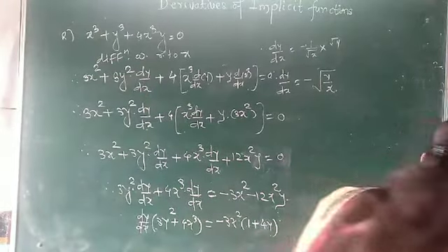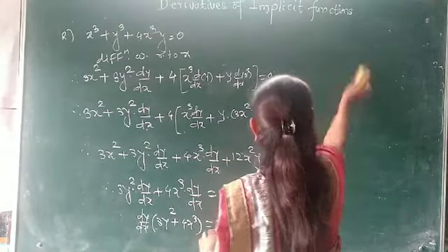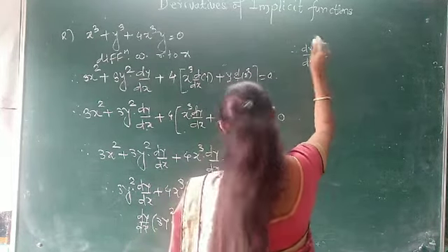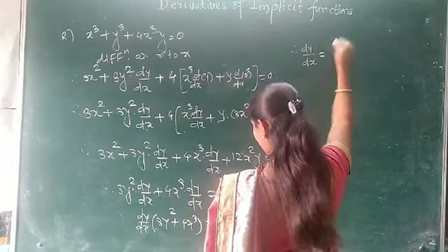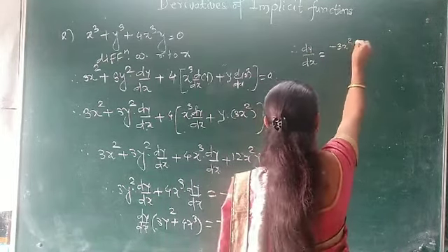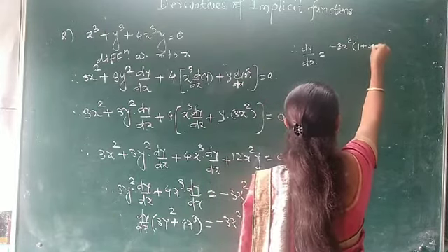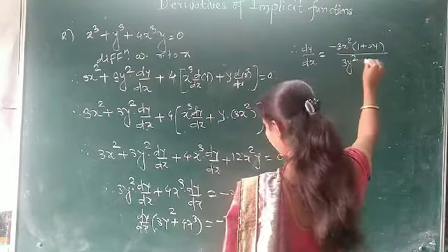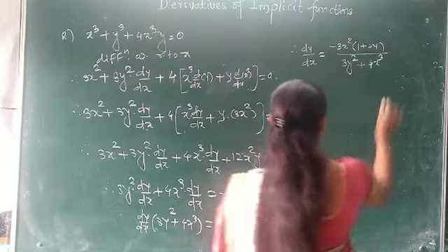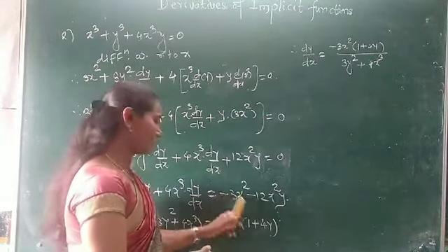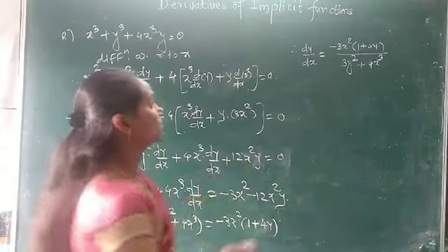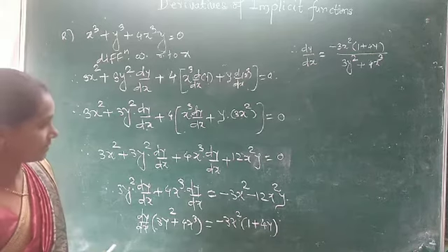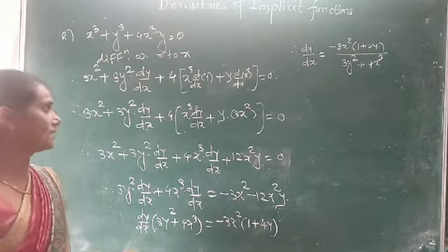Therefore dy upon dx is equal to minus 3x square into 1 plus 4y divided by 3y square plus 4x cube. We write this term as it is, or we can simplify it, there is no problem. So the value of dy upon dx is minus 3x square into 1 plus 4y divided by 3y square plus 4x cube.